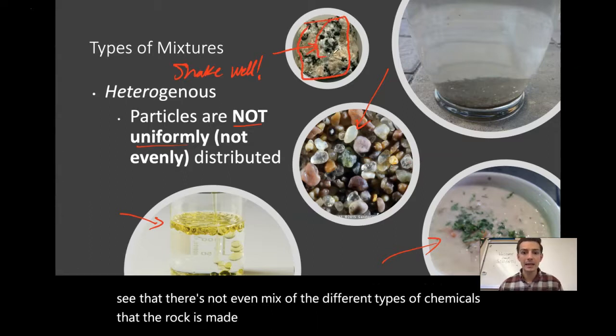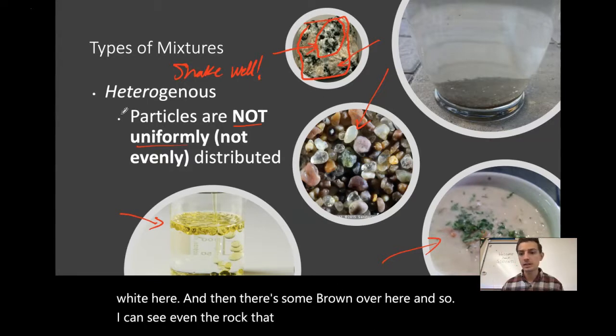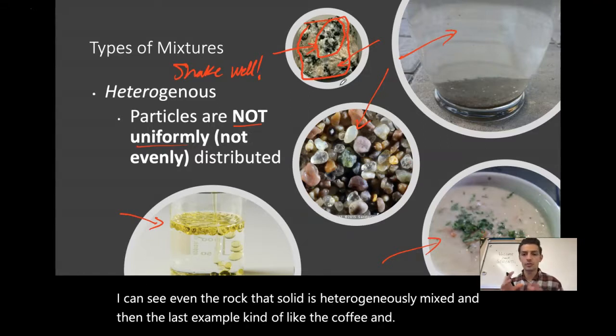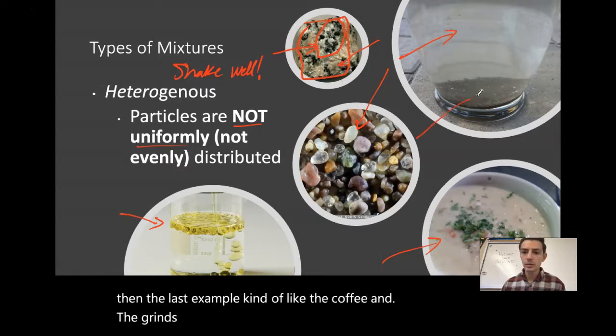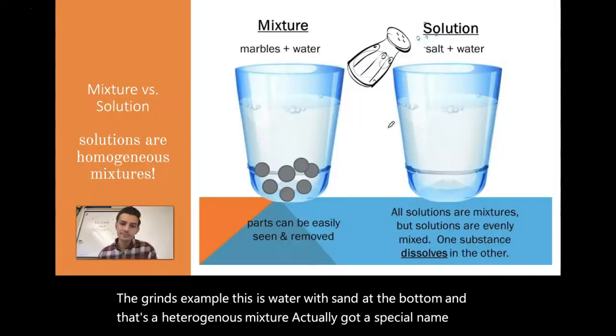There's more black and white here, and then there's some brown over here. And so I can see even the rock that's solid is heterogeneously mixed. And then the last example, kind of like the coffee and the grinds example, this is water with sand at the bottom, and that's a heterogeneous mixture. Actually, it's got a special name. It's called a suspension.